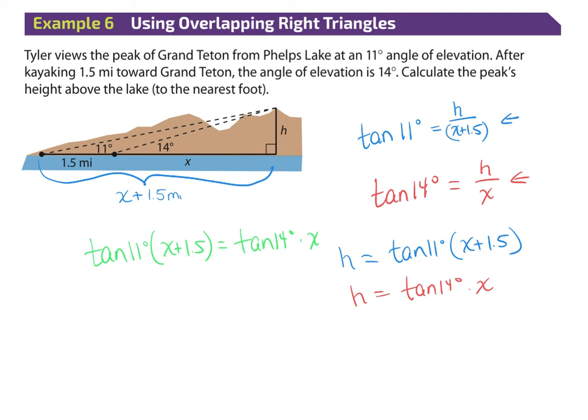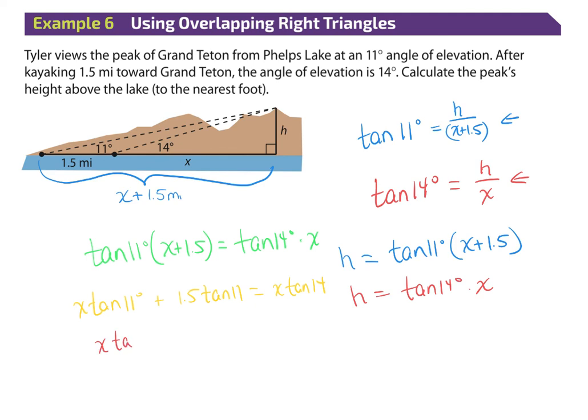You're going to want to distribute here to get that out. So tangent of 11 degrees times x plus 1.5 times the tangent of 11 equals the x times the tangent of 14, right? X's to one side, variables to the other. So I'm going to move that over.